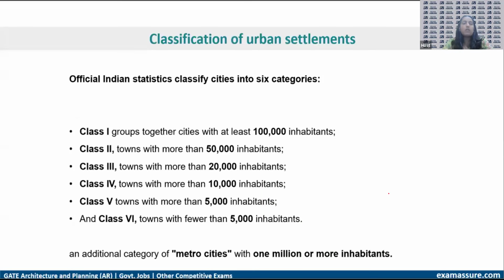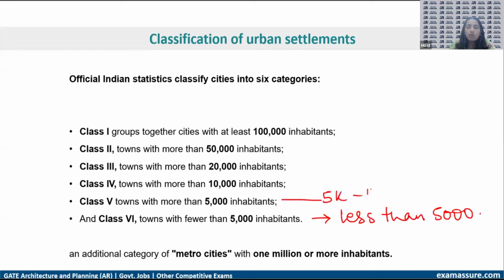Along with that, as per the official Indian statistics, your cities are classified into 6 categories or 6 classes, where class 6 towns or cities or settlements have a population of less than 5,000. For population between 5,000 to 10,000 are classified as class 5 towns. Between 10 to 20,000 are class 4.